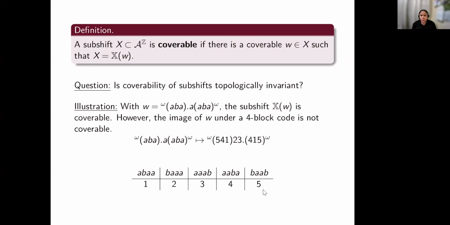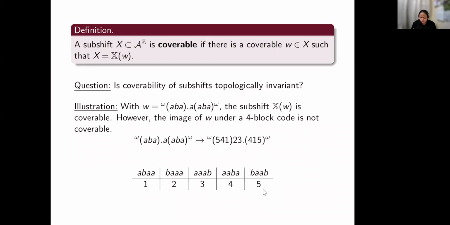So if we take the image of W under the fourth higher block code defined here, unfortunately, its image gives us this sequence that is not coverable.